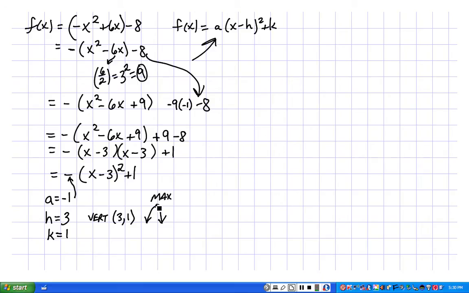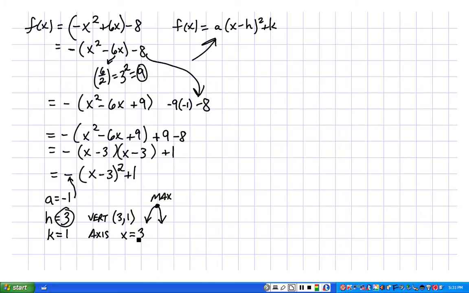And our axis of symmetry is, again, whatever h is. So our axis of symmetry would be the line x equals 3.